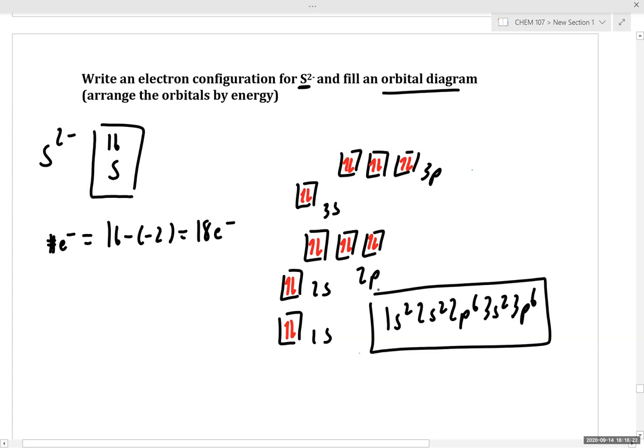Any questions on this example? Does this make sense so far?